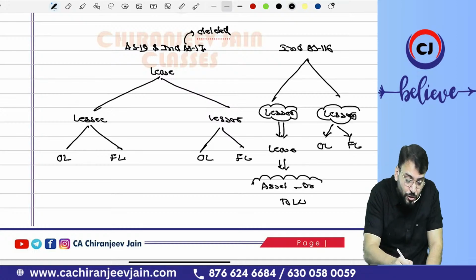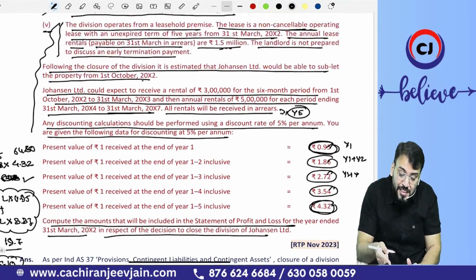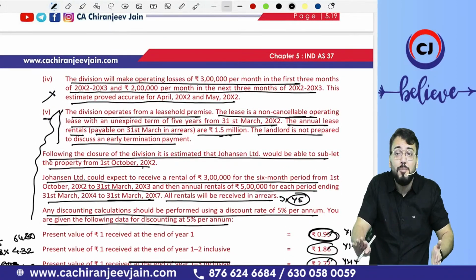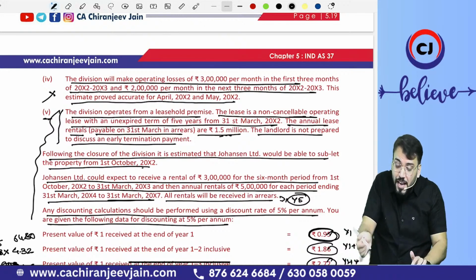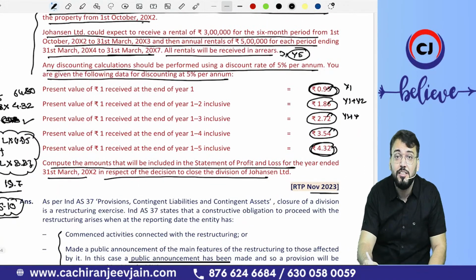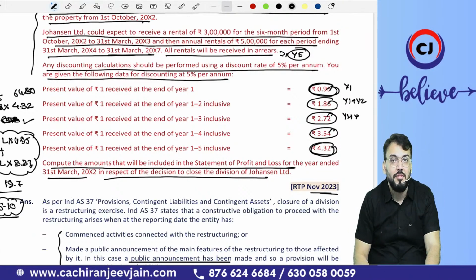And if you see the question, read the question: in the books of lessee it has been identified as operating lease, but now there is no concept of operating lease. And this question was recently given in November 2023 when Ind AS 116 was in force. Is this question wrong or not?